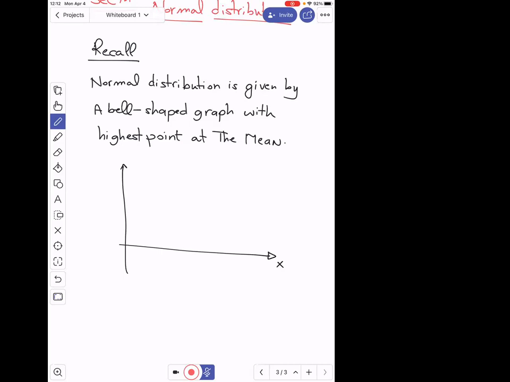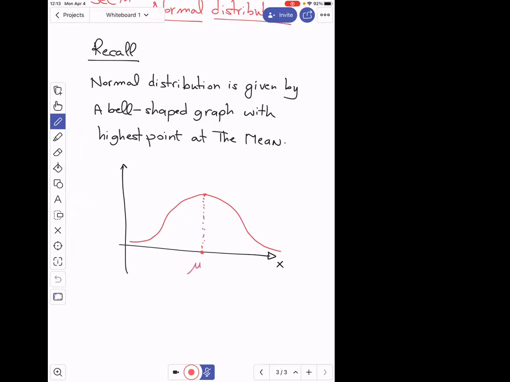So you have a bell-shaped graph. It's going to look something like this. And we said the highest point of the graph corresponds to the mean. We denote the mean by mu.